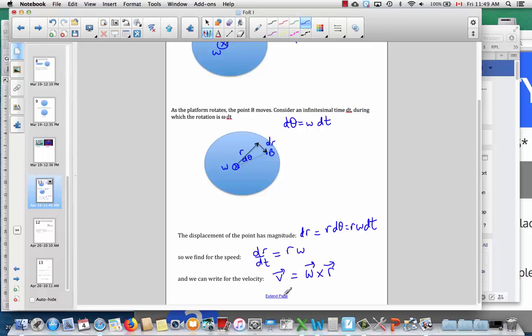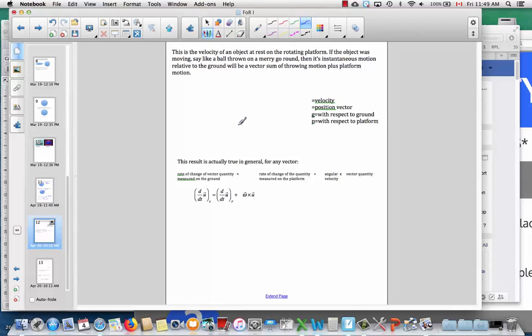Now that was for a point at rest in the rotating reference frame. If the point happened to be moving, then for its velocity, v being velocity and of course r being position, say you throw a ball on the merry-go-round.